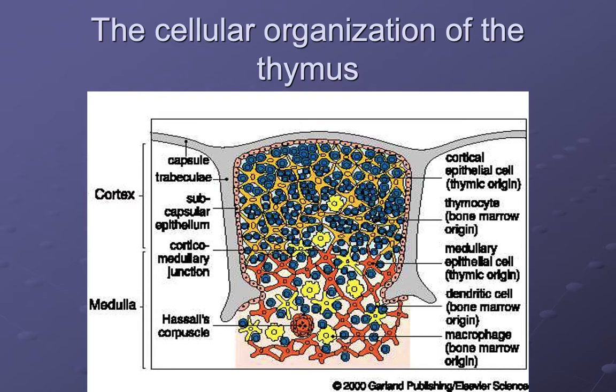Those thymus-associated hormones are secreted by epithelial reticular cells of different subsets.